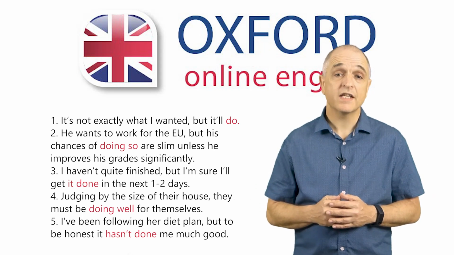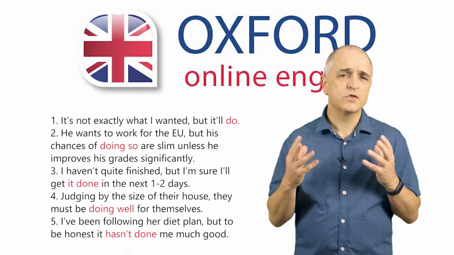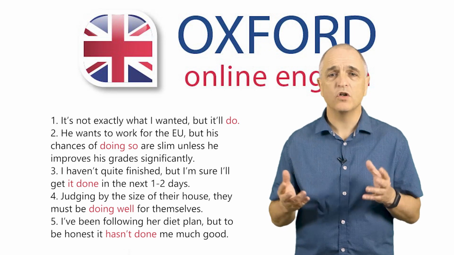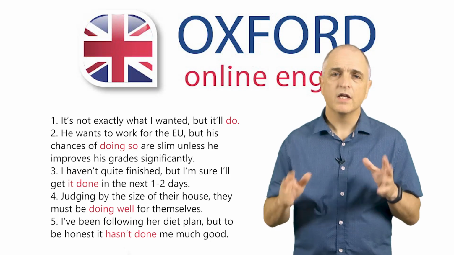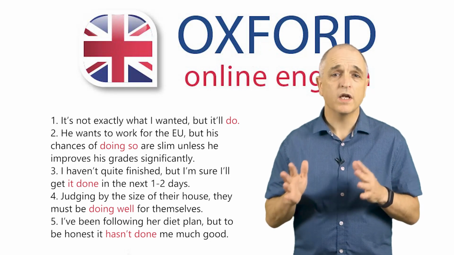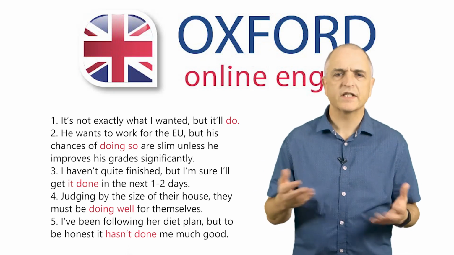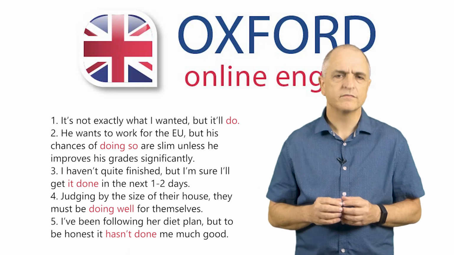Sentence 2 tests a grammar point. Hopefully you know already that you can use do as an auxiliary verb to refer back to a verb or verb phrase you used earlier. If you didn't use do here, you would have to repeat the full phrase, his chances of working for the EU, which would be repetitive.